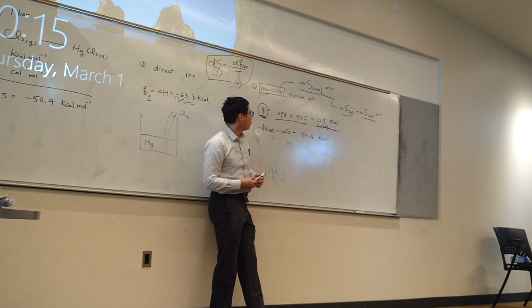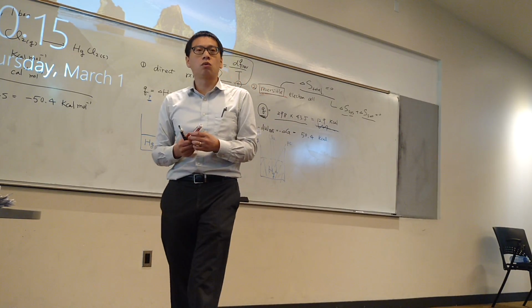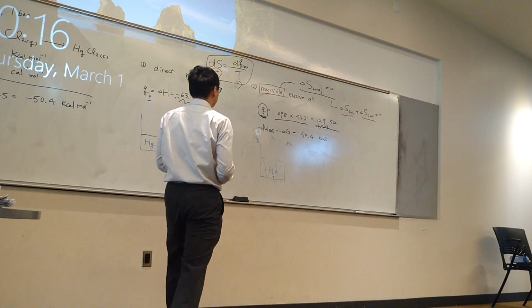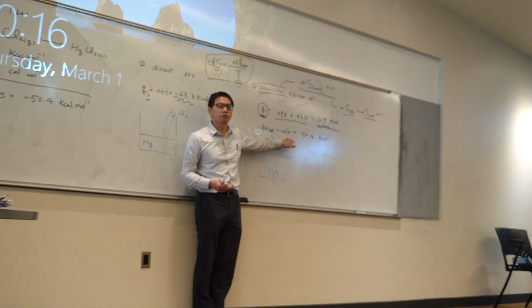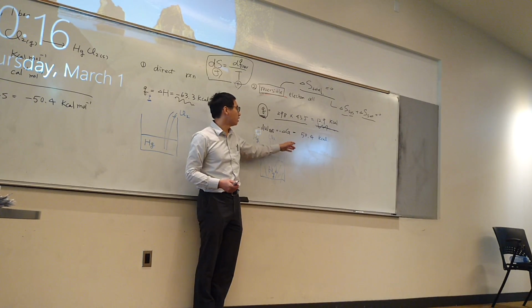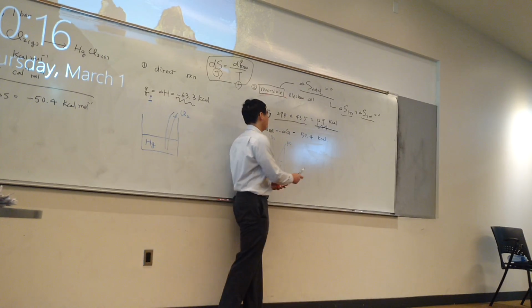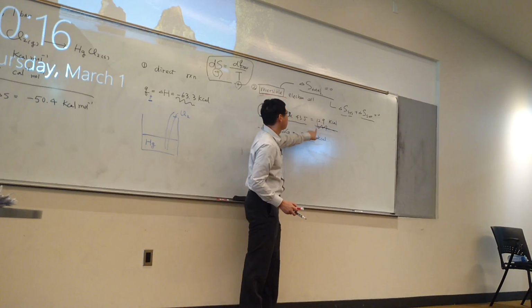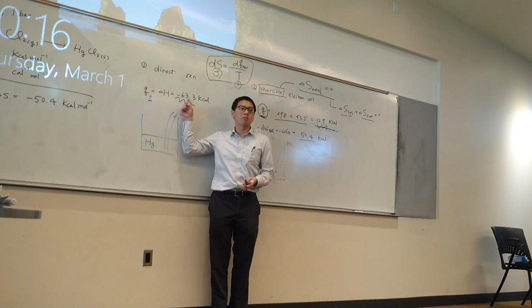Okay, we also mentioned that the maximum non-PV work you can have for a reaction is equal to negative delta G. Okay, and if you do the calculation, we know the number is this. So if you add this, the work plus the heat is going to equal this number.